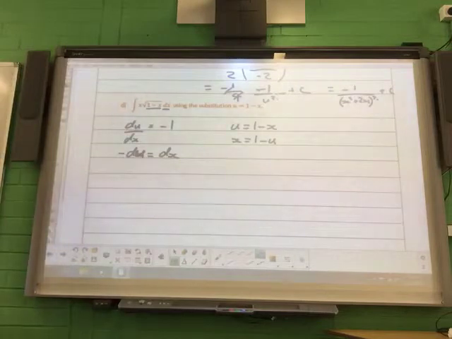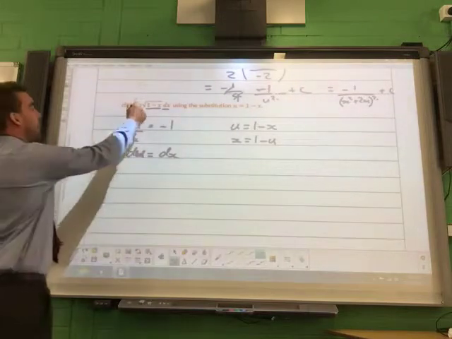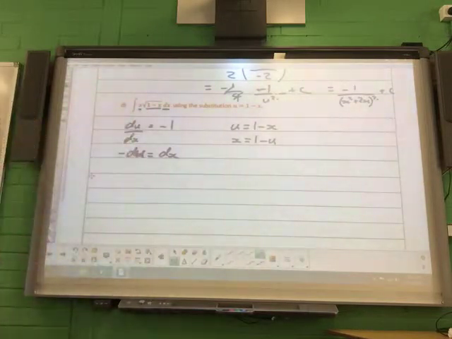Rearrange that for x. Okay, so now I have an expression for x in terms of u. Everything needs to be in terms of u when I do that. So sometimes you have to rearrange your substitution so that you can replace.